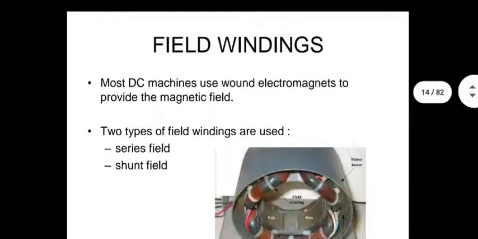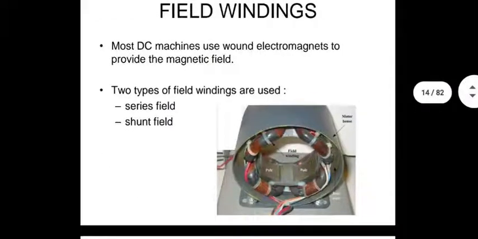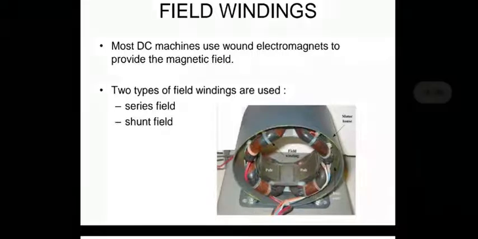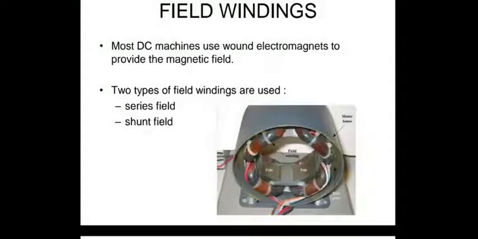Field windings are the ones which are used to increase the amount of flux produced by the poles. These windings are put on the poles themselves so that natural magnet is converted into electromagnet and gives you much higher value of the flux produced.